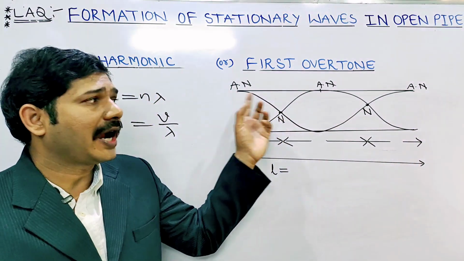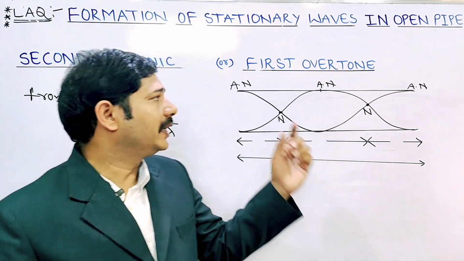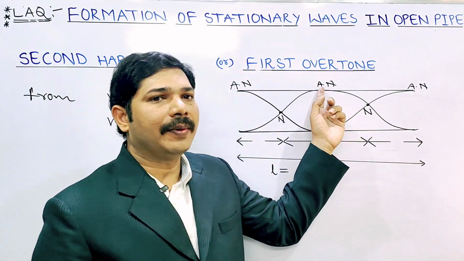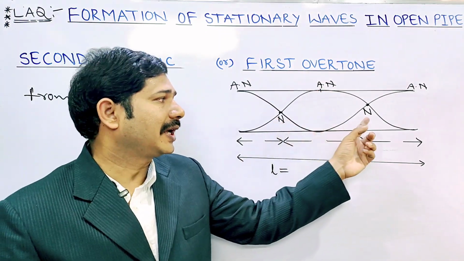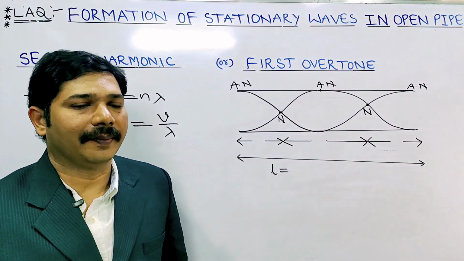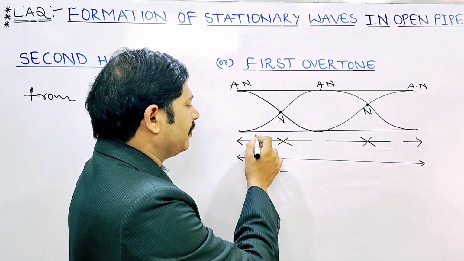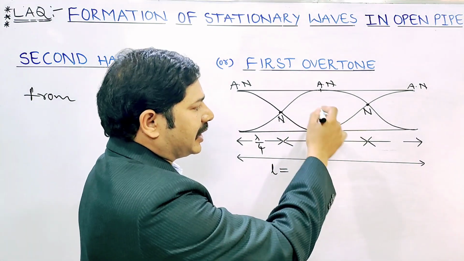Here three antinodes are formed and two nodes are formed. Here open side antinode, here also open side antinode, here amplitude is maximum, here also one more antinode. Wherever amplitudes are minimum, node will form.